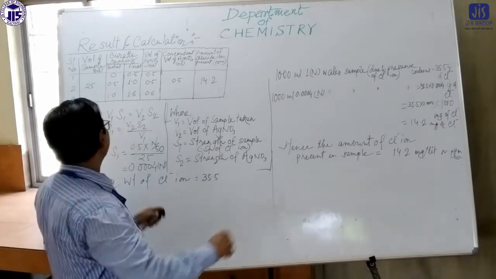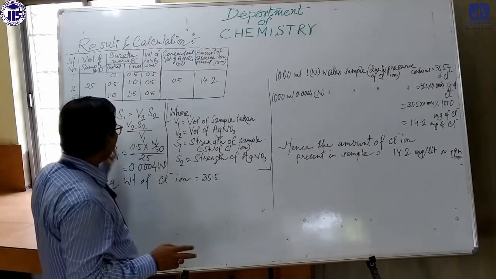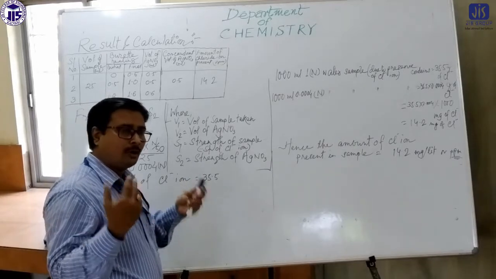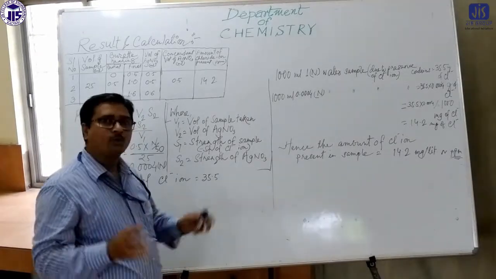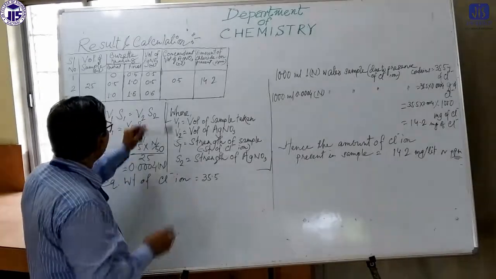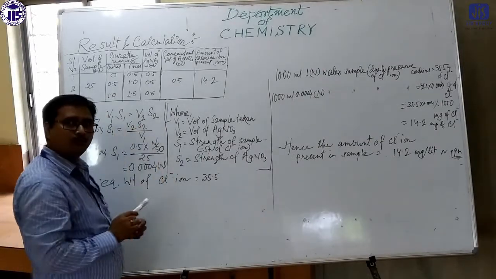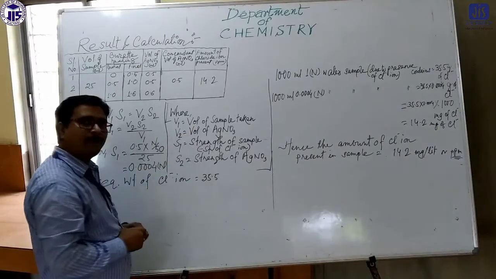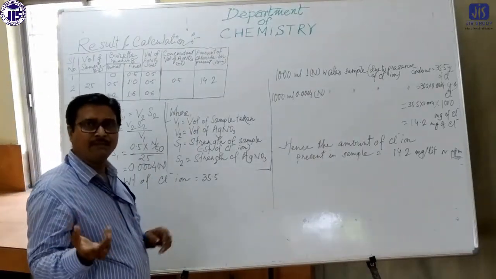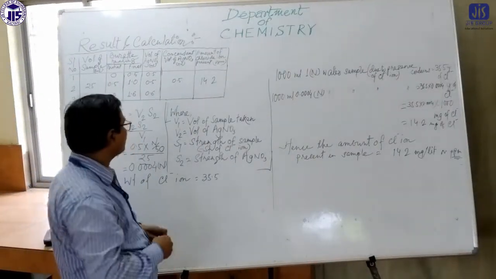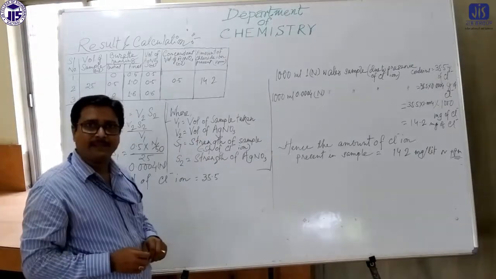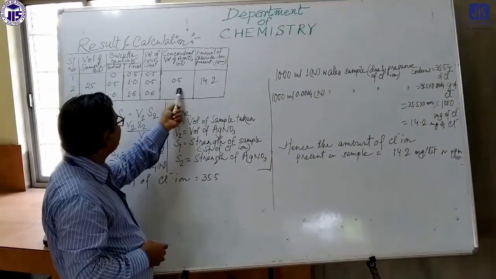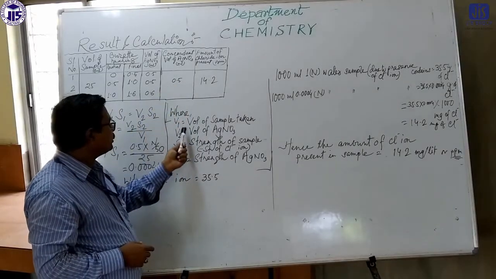First of all, we have to determine the strength of chloride in the water sample using the normality equation, N1V1 = N2V2. It's familiar to you. V1 is the volume of sample taken, which is 25 in this case. V2 is the volume of silver nitrate, that is the burette reading. Whatever concordant reading is there, you have to write down instead of V2.